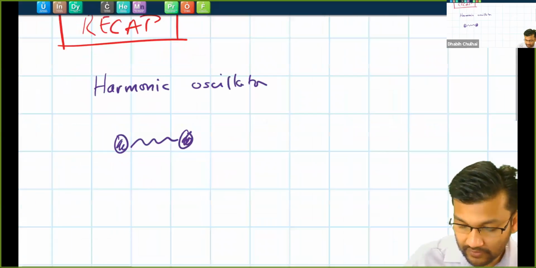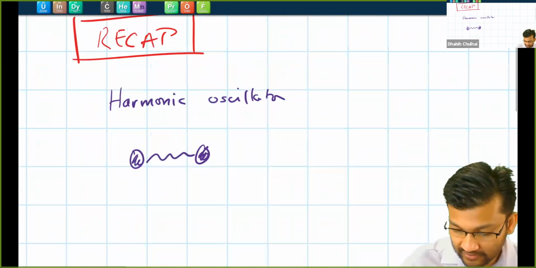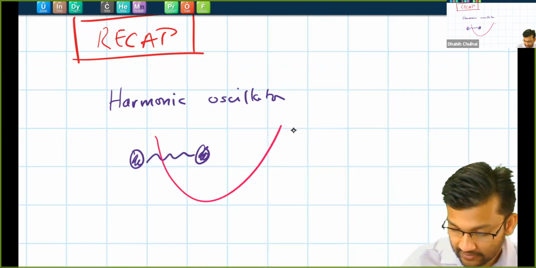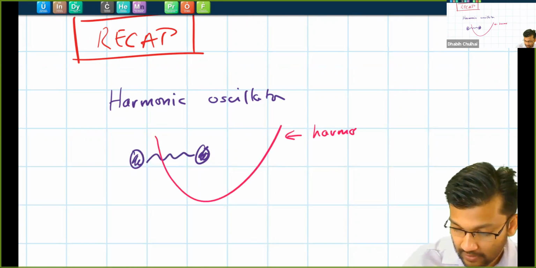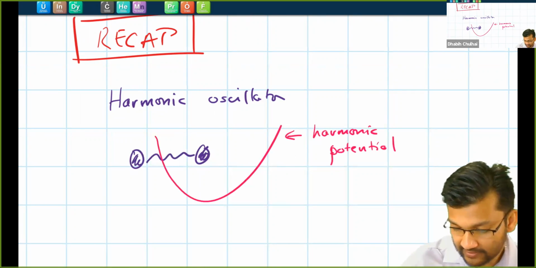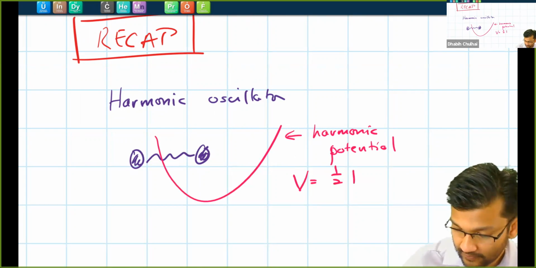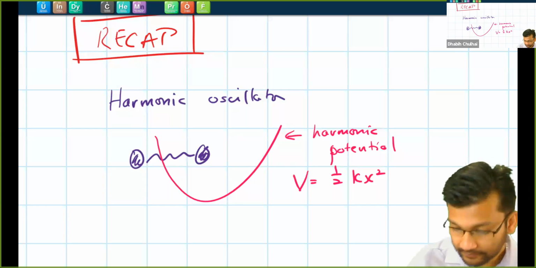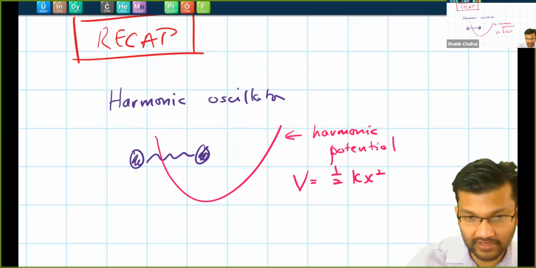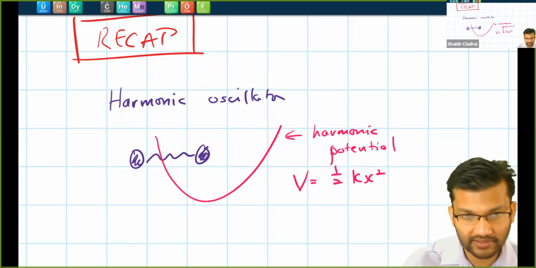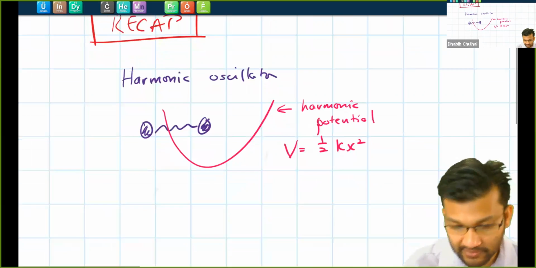And the part that's unique for the harmonic oscillator is the potential, right? This is the harmonic oscillator potential, or sometimes just called the harmonic potential. It looks kind of like this U shape because the potential is half kx squared. And so when we solve this unique potential, it sets up its own Schrodinger equation and it has its own solution.